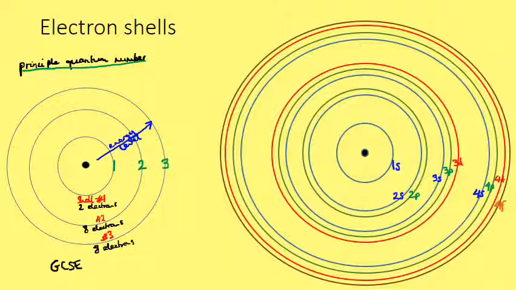And I'll show you the shapes of these orbitals or sublevels shortly. But this slide is just to illustrate the fact that each of these energy levels are split into sublevels, and the sublevels are s, p, d, and f. So that was the first way that this diagram is not quite right.